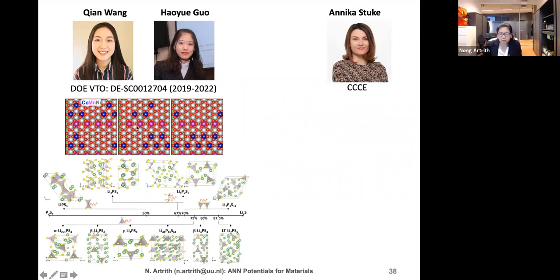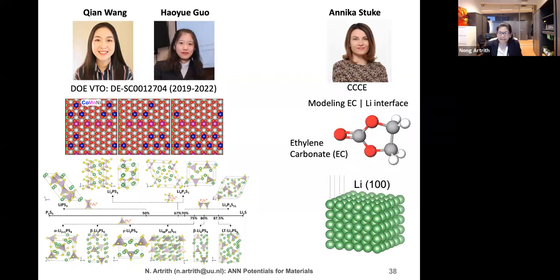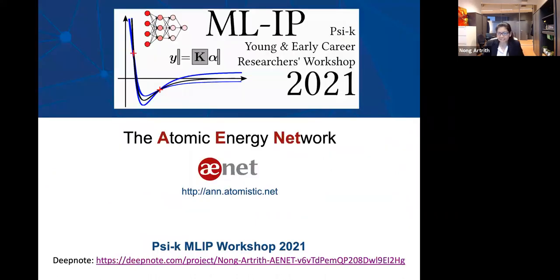And not only this, there are many different types of crystal structures, and during battery cycling, they also become amorphous. And also Annika Stucker is looking at the solid and liquid of ethylene carbonate as a lithium anode. So there are so many different examples. So this is the overview of neural potentials using ANET that I would like to show you.